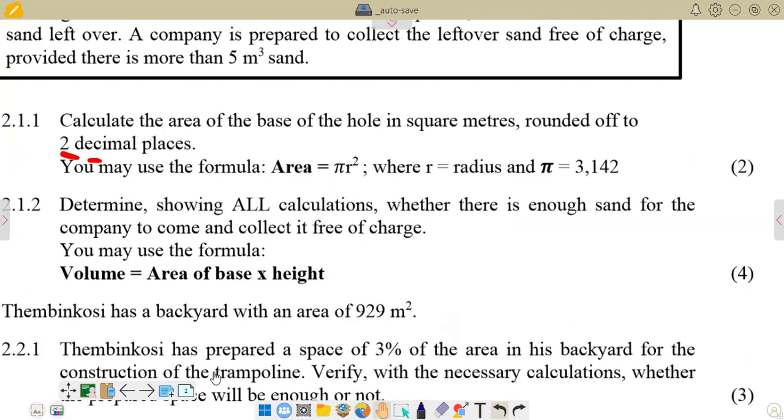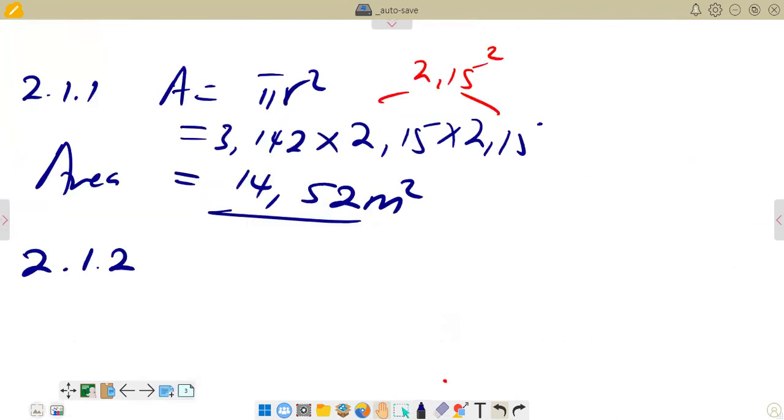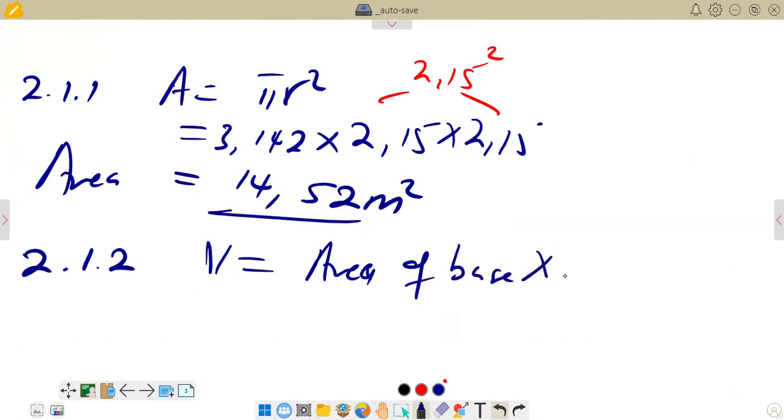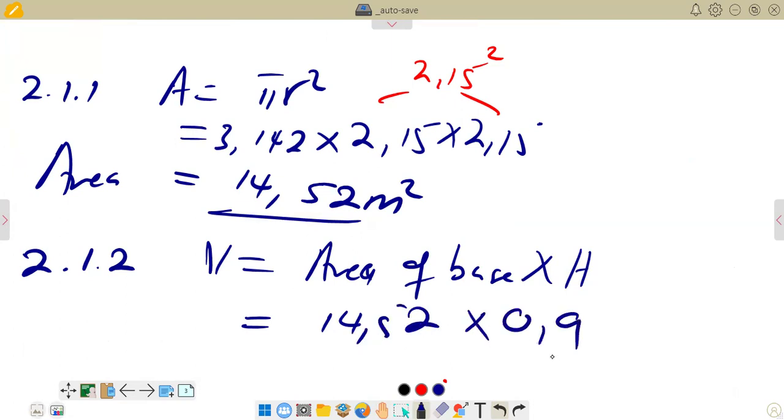So that gives our volume. If you come back here, we can start by putting down our formula: volume is equal to area of base multiplied by our height. Our area we got as 14.52, and our height is 0.9.